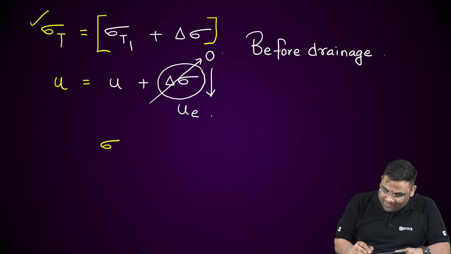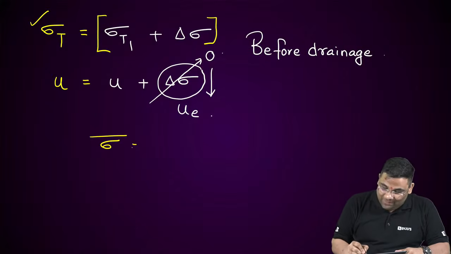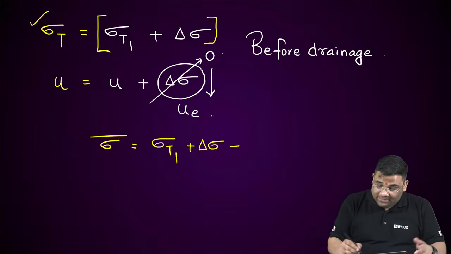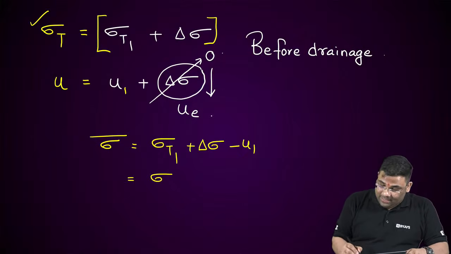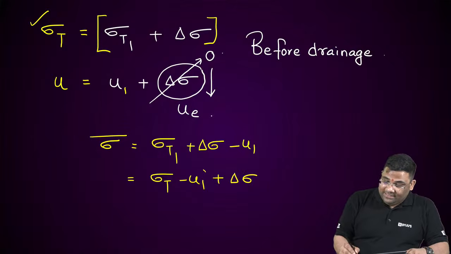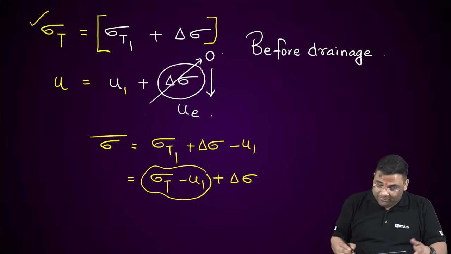Now what will happen to the effective stress? It will be equal to total stress, that is sigma T1 plus delta sigma, minus the pore water pressure, that is U1. So it is sigma T1 minus U1 plus delta sigma. What is this? This was the initial effective stress, right?